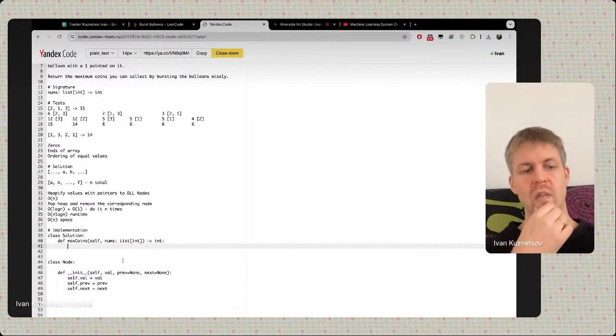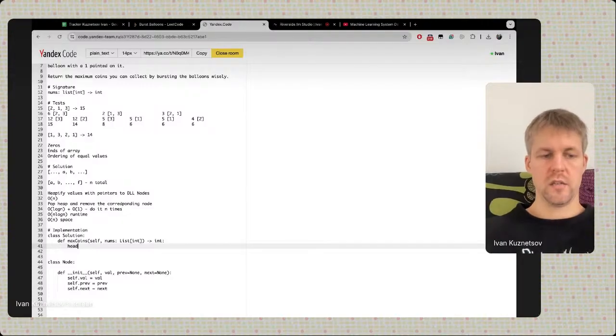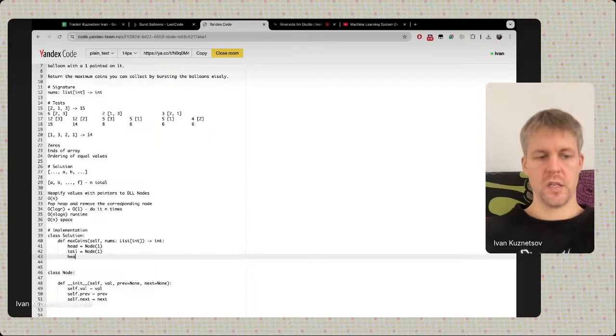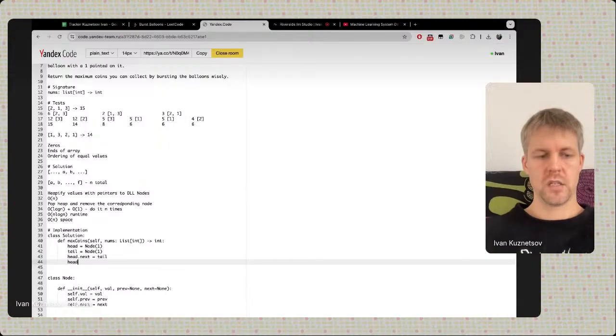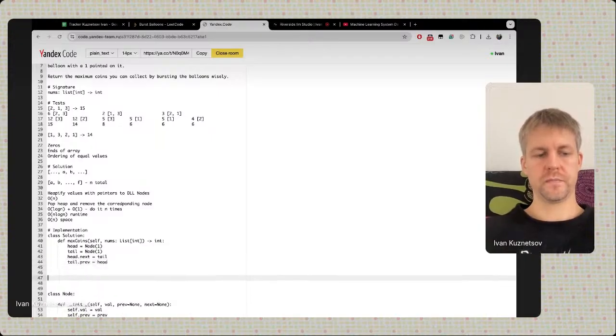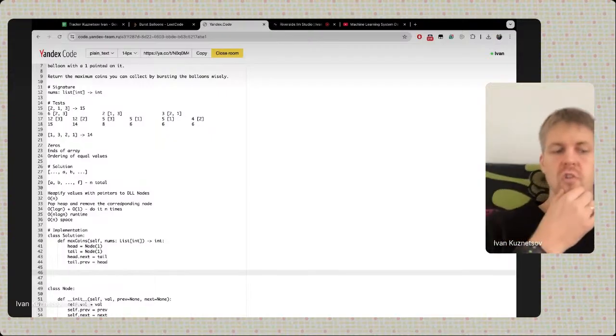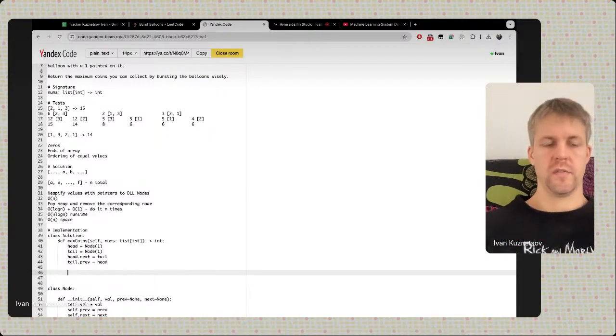So this will be our doubly linked list, and head will be node of 1, and tail will be node of 1, and head next will be tail, and tail previous will be head. Okay, now we have created our doubly linked list, and we need to create nodes for each of our elements in the array.